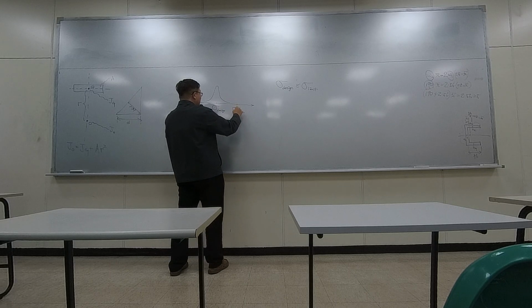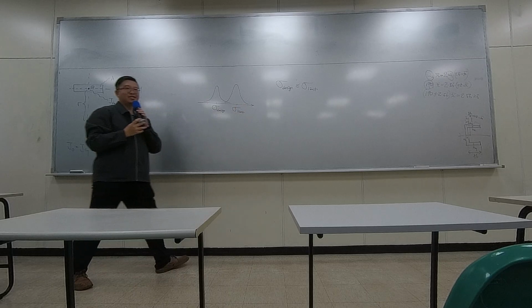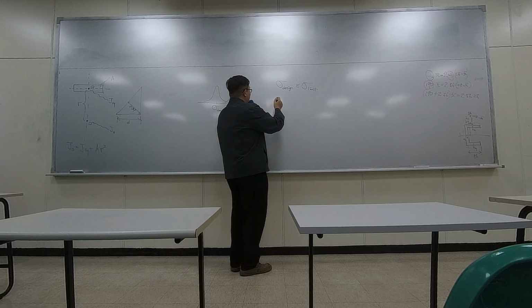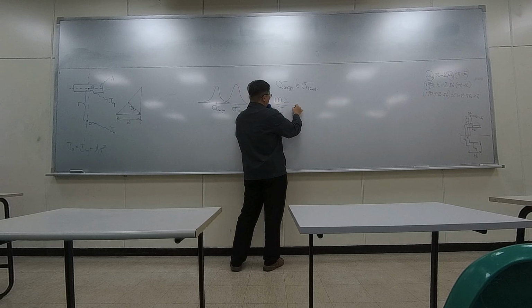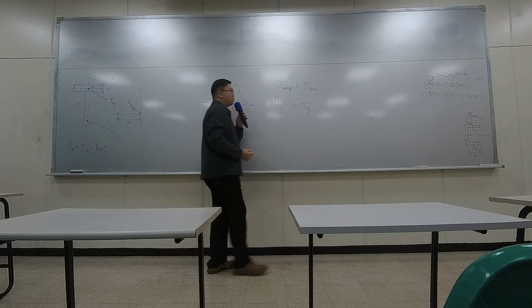And even your limit may have uncertainty. Why is that? Take one simple equation as an example: M C over I must be smaller than the yielding strength. Okay?